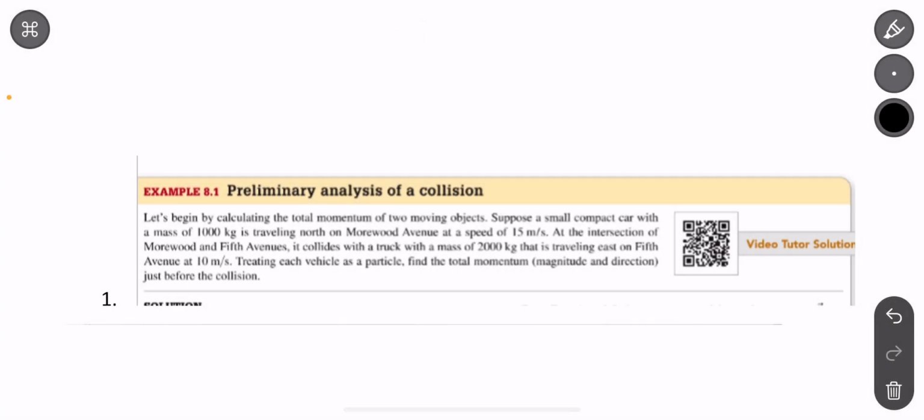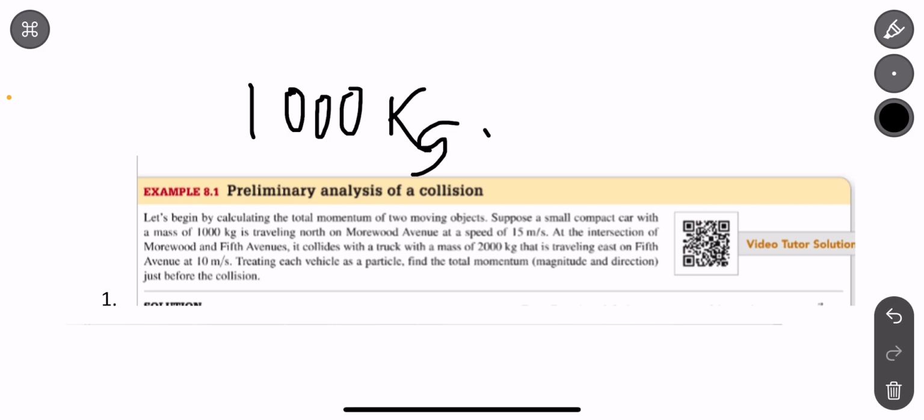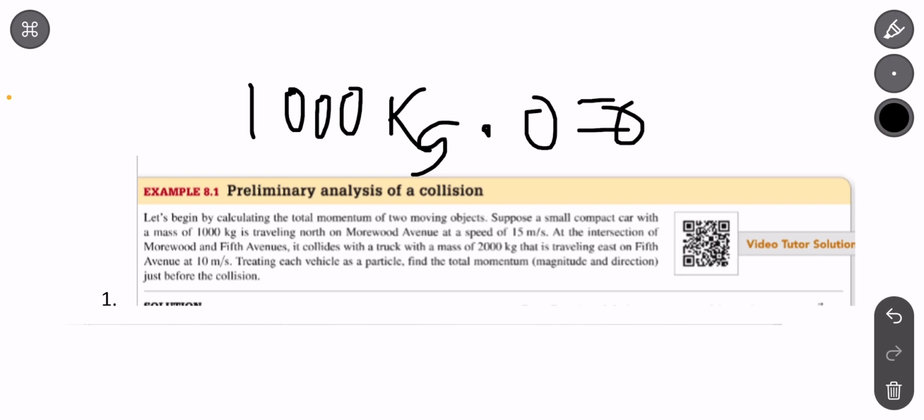We can figure out PAX. If we do the math quickly, it's MA times VAX, the mass times the initial velocity. It's going to be 1,000 kilograms times 0, which is going to be 0. And then PBX is going to be 2,000 times VBX.